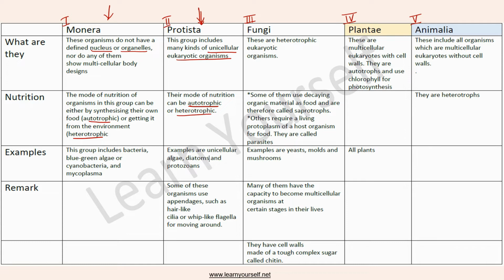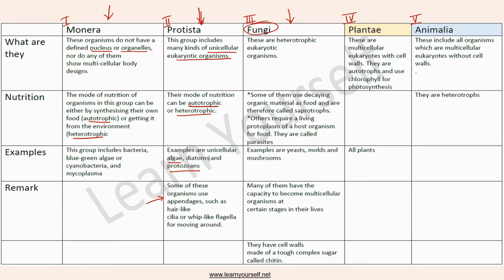Examples of these unicellular organisms are algae, diatoms and protozoan organisms. One special feature is that some of these organisms use hair-like cilia or whip-like structures for their movement when they are moving around.